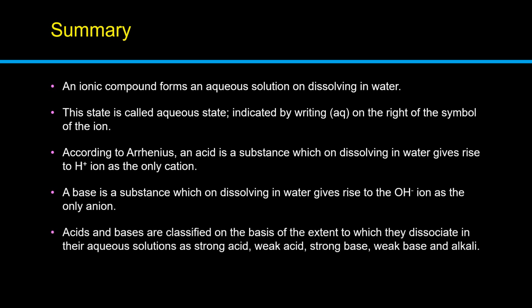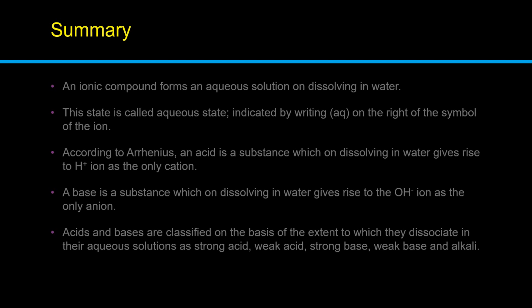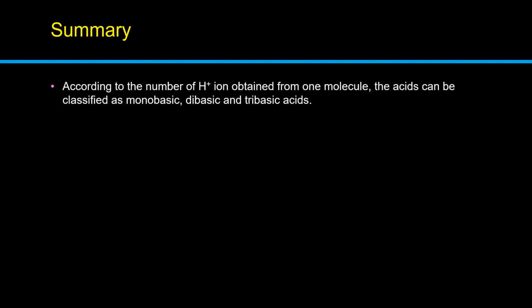Acids and bases are classified on the basis of the extent to which they dissociate in their aqueous solutions. They are classified as strong acid, strong base, weak acid, weak base, and alkali. According to the number of H plus ions obtained from one molecule, the acids can be classified as monobasic, dibasic and tribasic acids.